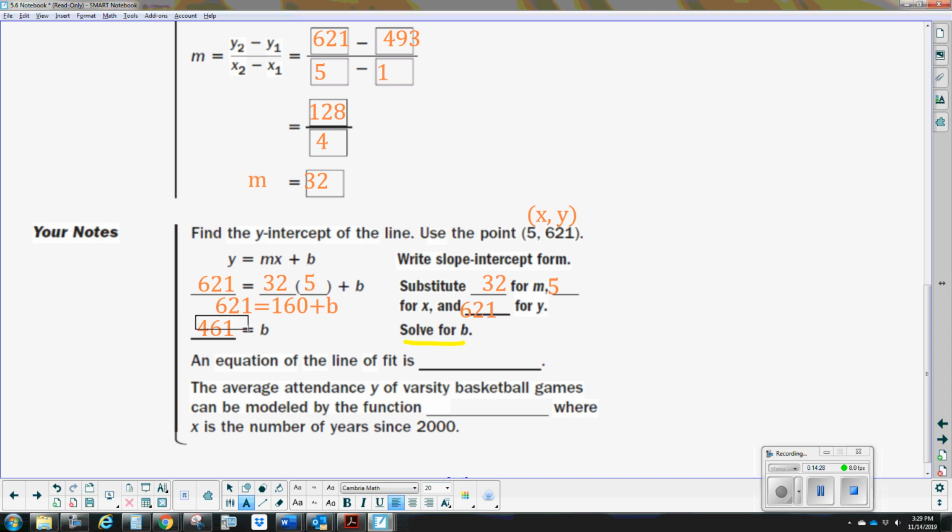Now that I have my y-intercept and I have my slope, I can write an equation of my line. And my equation is y equals my slope, which is 32, times x plus my y-intercept, which is 461.